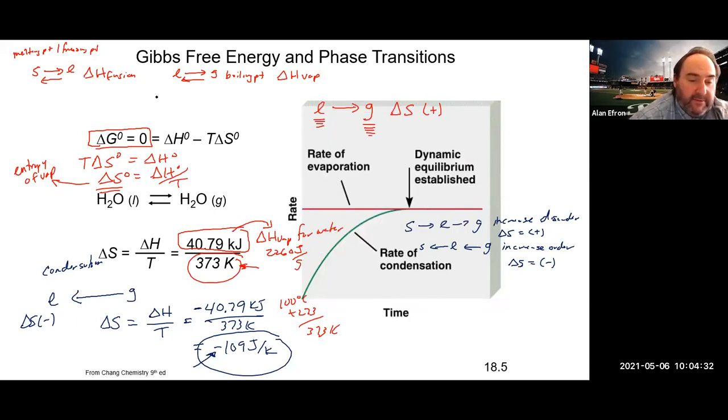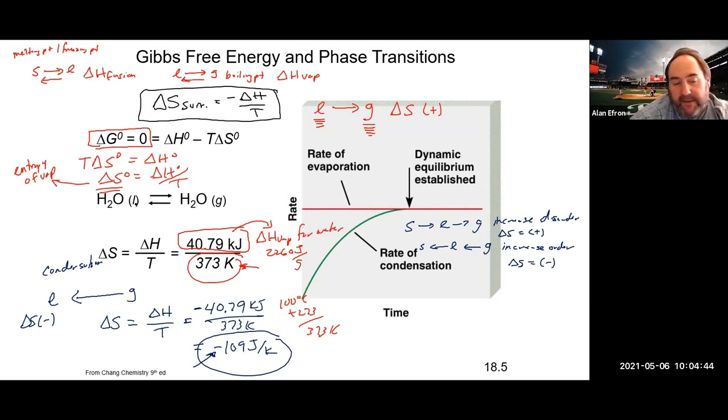If you remember, the equation I just wrote on the previous slide, delta S of the surroundings is minus delta H over T. That should not be confused with what we did here, where we rearranged this equation for a phase transition, no negative. So negative here with surroundings. If you do the rearranging of this equation, you get no negative here.